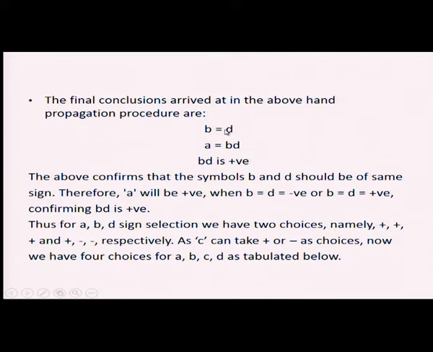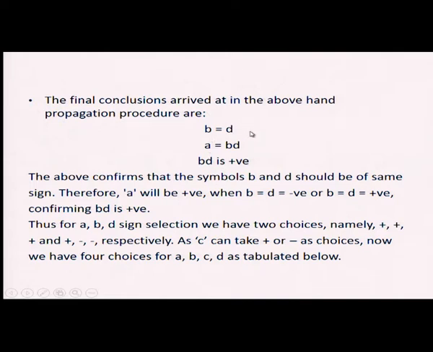In terms of B and D, once you fix the sign of B and D, either plus or minus, suppose I say B is plus, automatically D becomes plus. Since A is BD, A becomes plus, right. Suppose I say B is minus, so D is minus, A has to be BD, minus times minus is plus, clear.